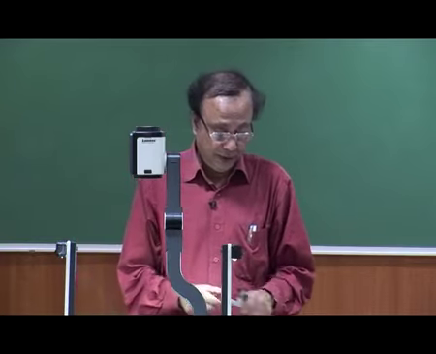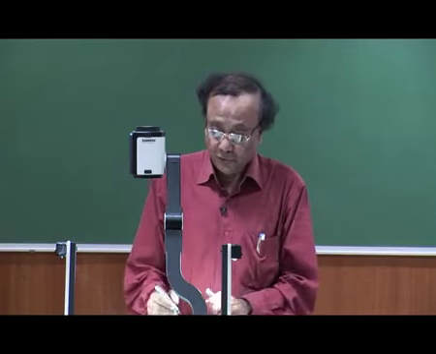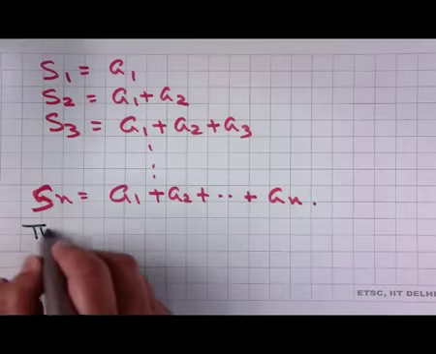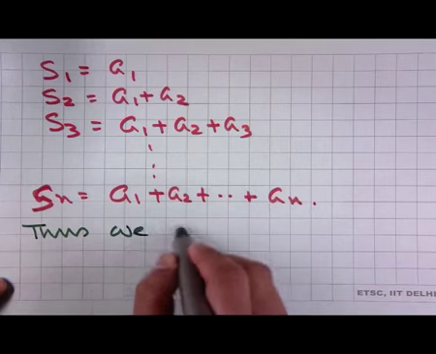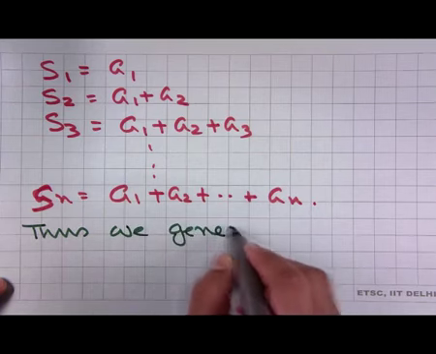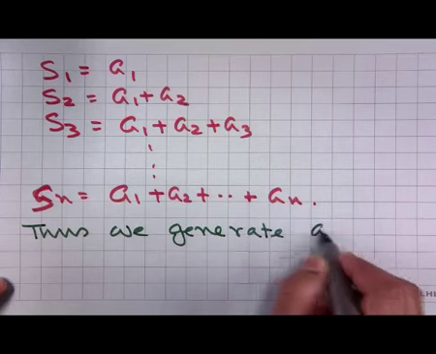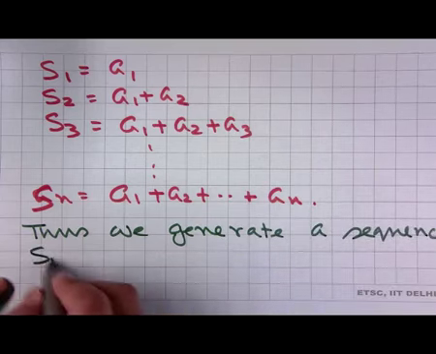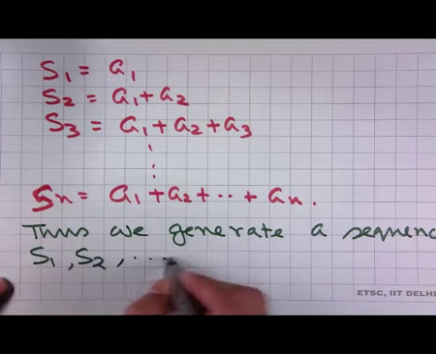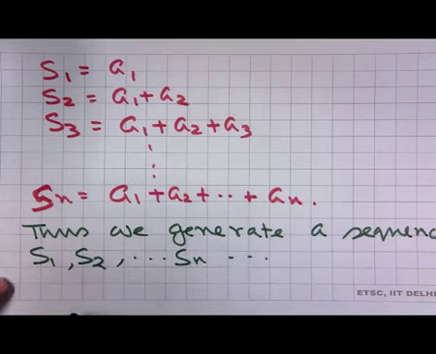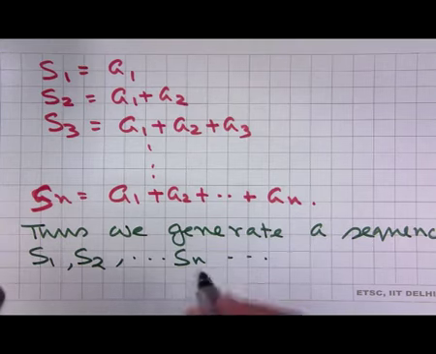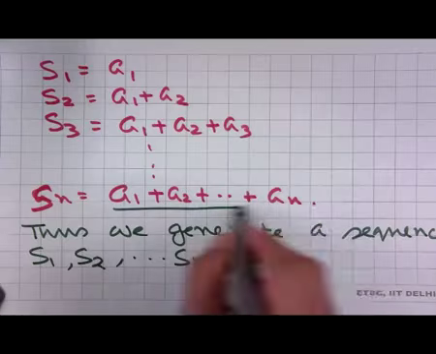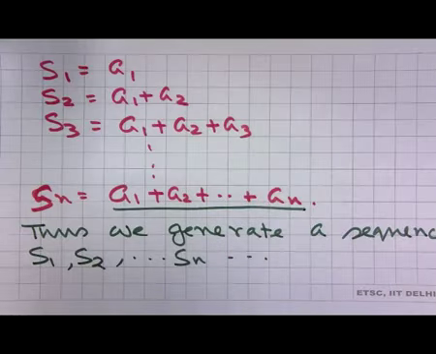Thus, actually, we generate a sequence S1, S2, Sn, and if this sequence has a limit, then the series A1 plus A2 plus An as n goes to infinity will converge.